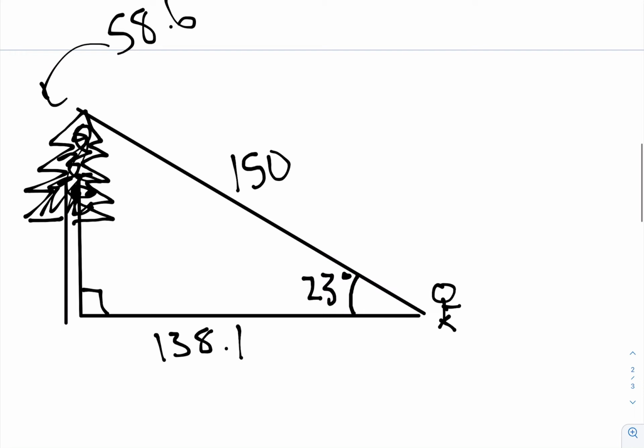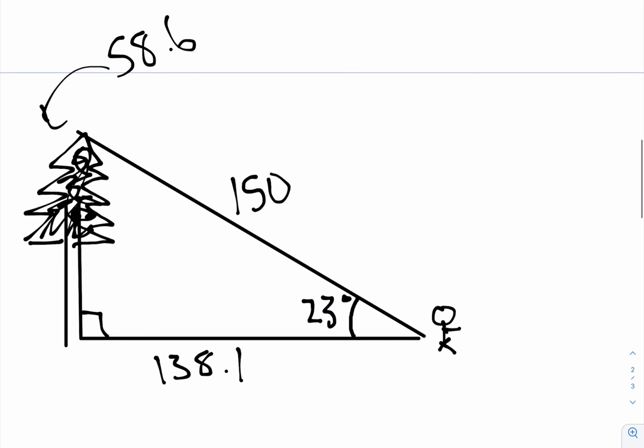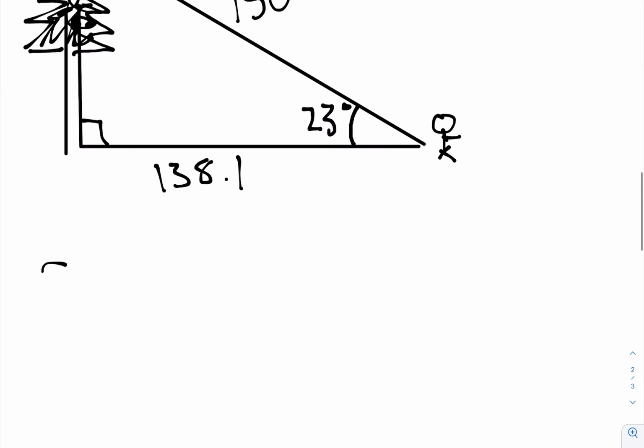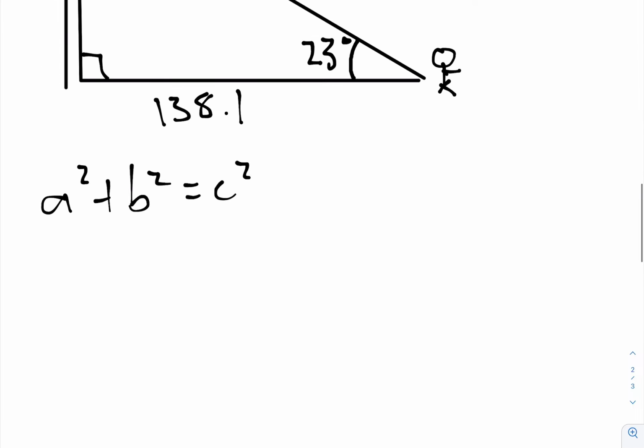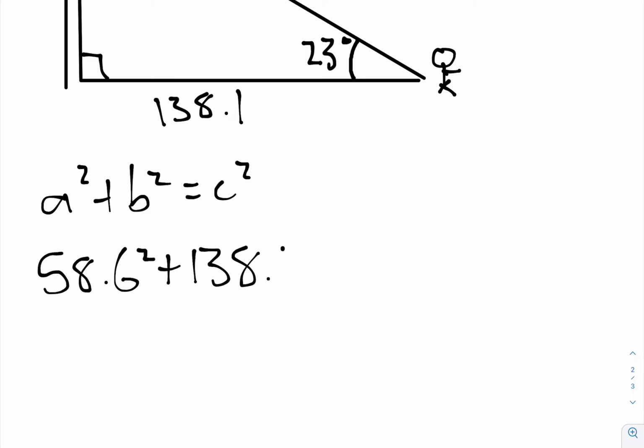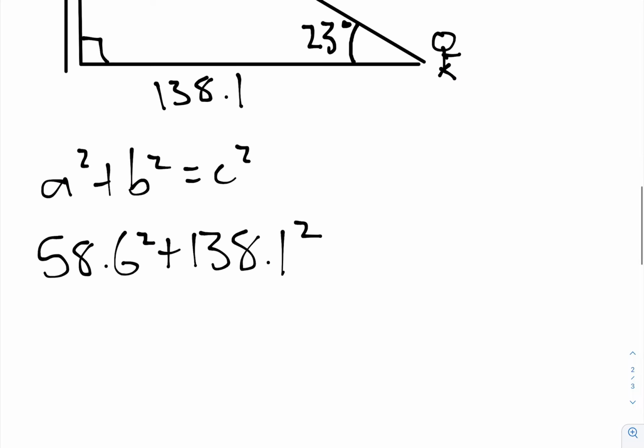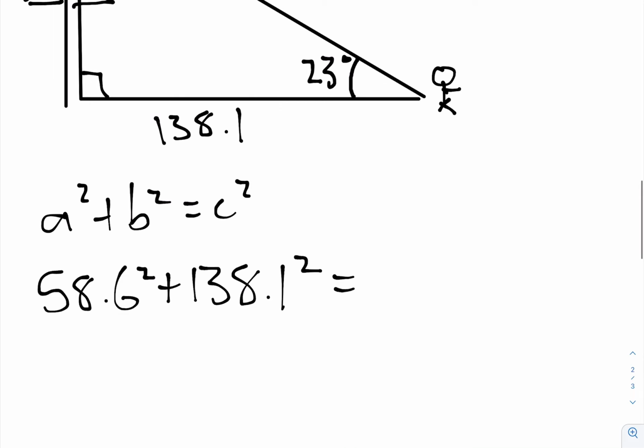Since this is a right triangle and we know all three sides, we can kind of verify this. So a squared plus b squared equals c squared. So 58.6 squared plus 138.1 squared. So it's just the two side lengths. That should equal the hypotenuse length, 150, right? The length of the rope squared.